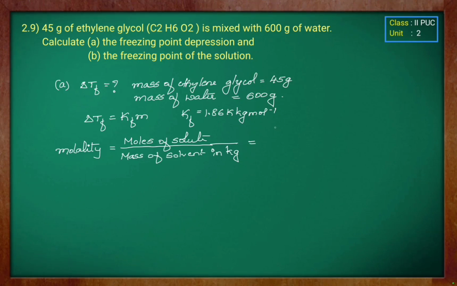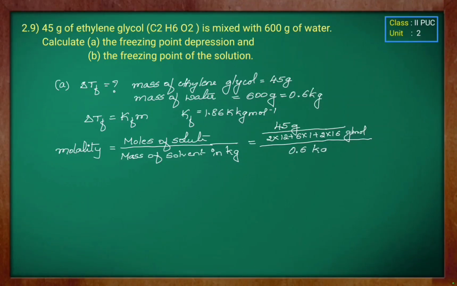So it is its mass by molar mass. So mass is 45 grams. Molar mass we will calculate. So 2 into 12 plus 6 into 1 plus 2 into 16 gram per mole, divided by mass of solvent in kg. So we have mass of solvent in terms of gram, that is 600 gram. We need to convert this into kg. We have to divide it by 1000. So we have 0.6 kg of the solvent.